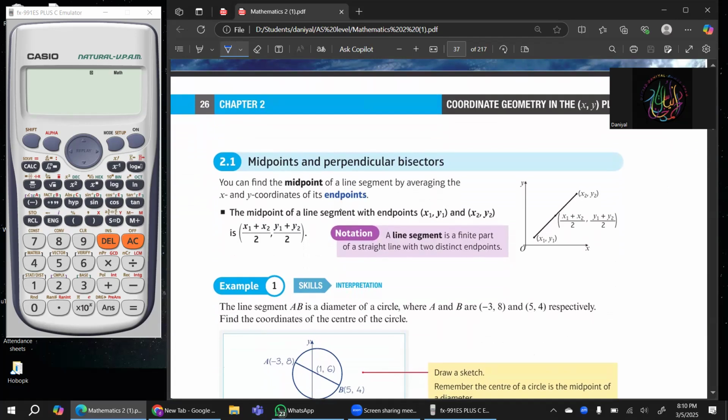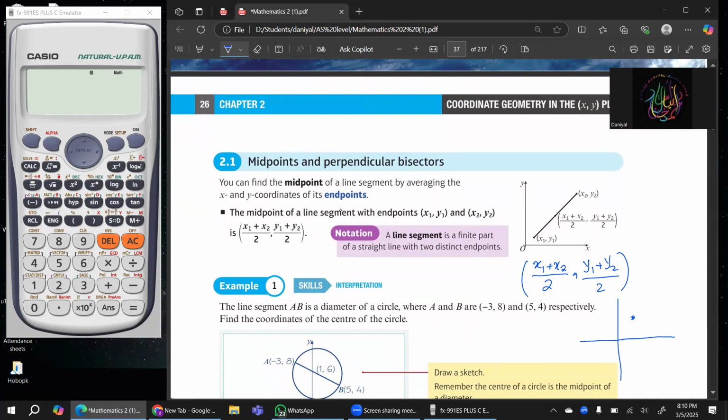what formula do we have to apply? The midpoint is found out by a formula which is x1 plus x2 over 2 comma y1 plus y2 over 2. Okay, so for example, if we have a line in a coordinate system, let's draw a line.